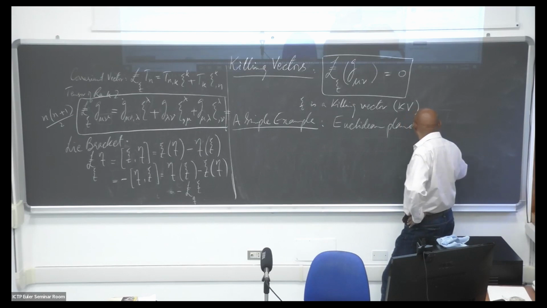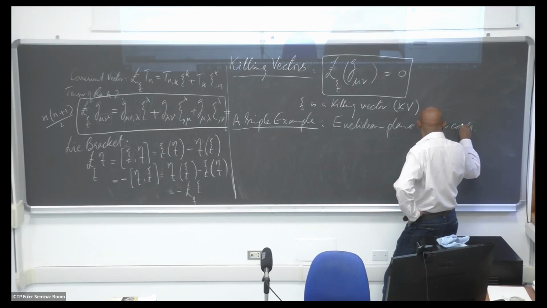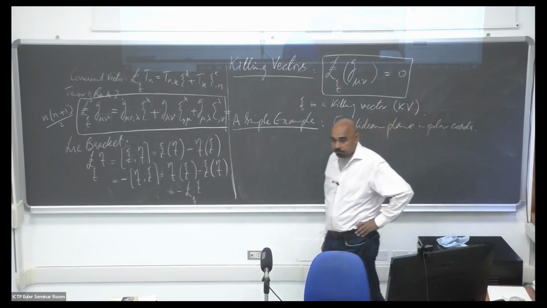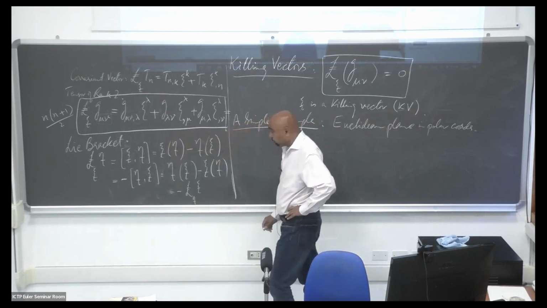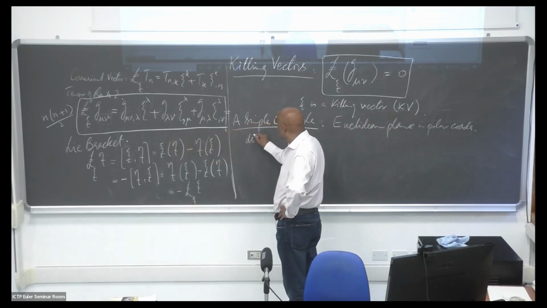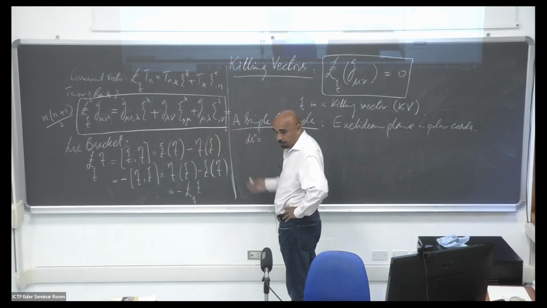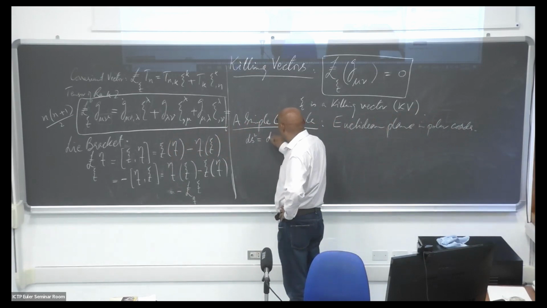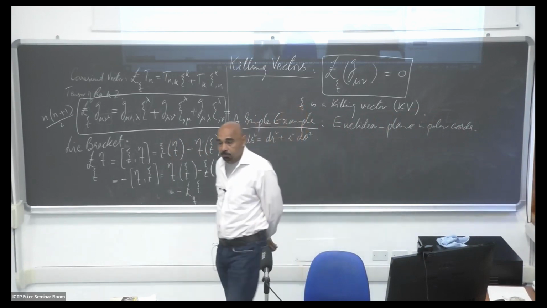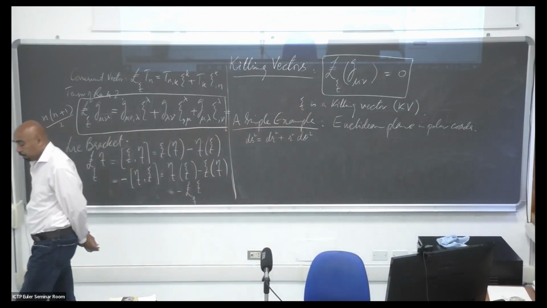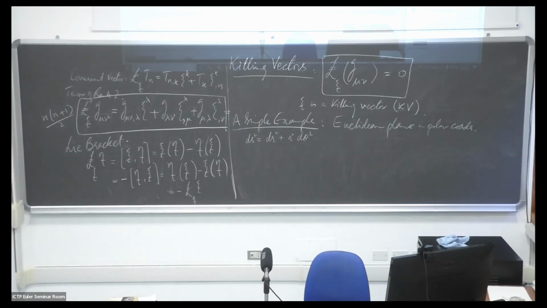The line element, or metric tensor, can be written as dr squared plus r squared d theta squared. So it is a two-dimensional Euclidean plane, but I am writing this in polar coordinates.